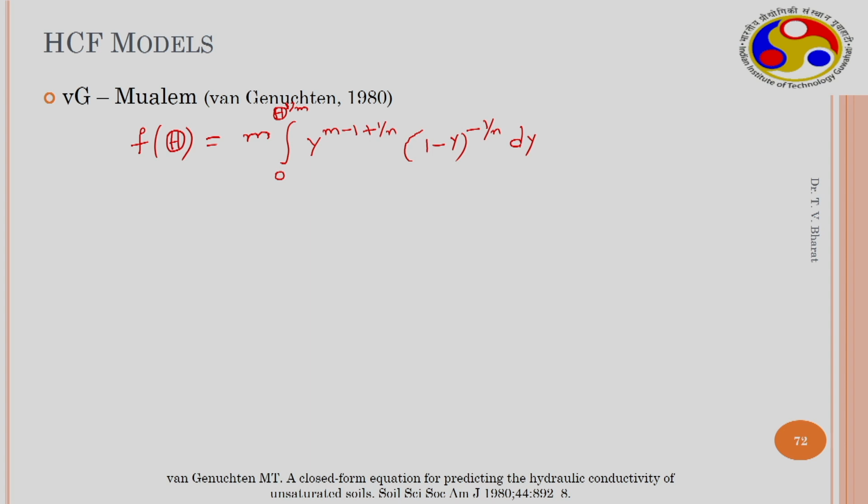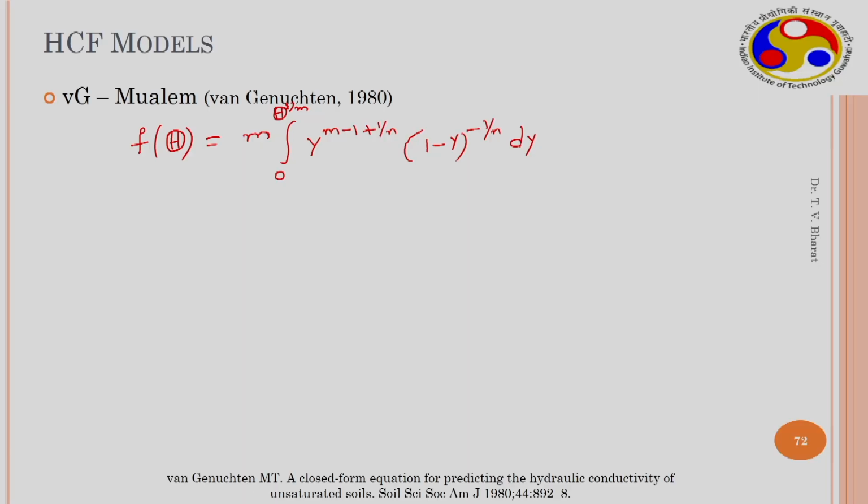Initially, van Genuchten thought in 1980 that in its most general form this equation does not have any analytical solution. So therefore he started deriving particular solutions. He assumed that for example, when you assume m minus 1 plus 1 by n is equal to some value, say k, then you can derive particular solutions by assuming k equals 0, k equals 1.